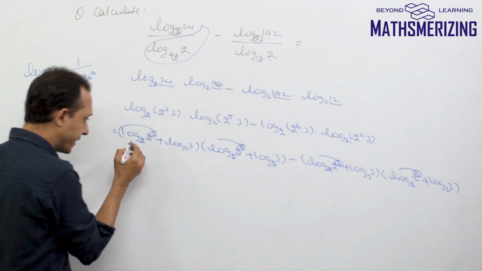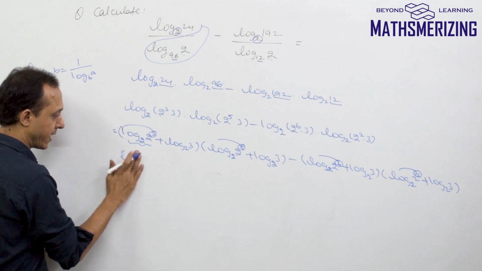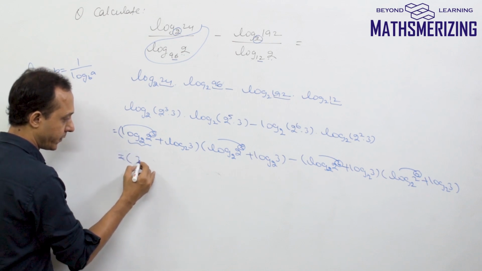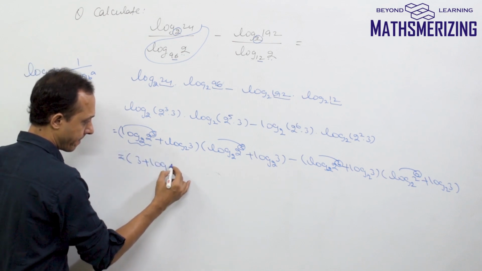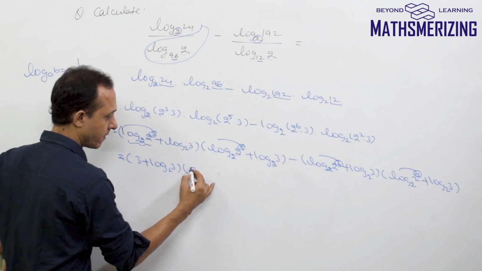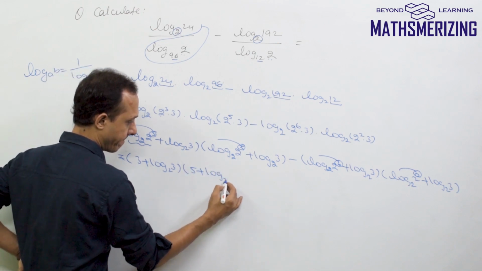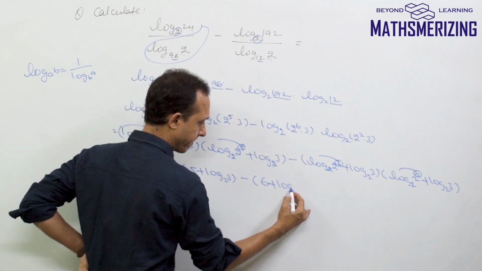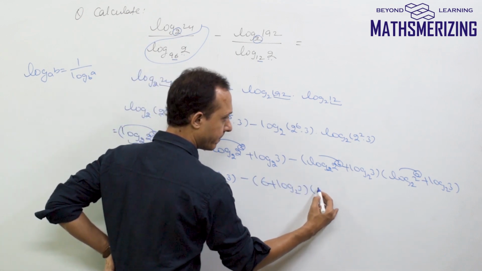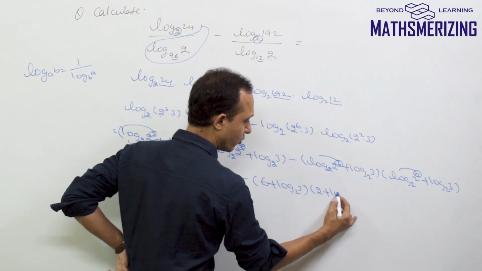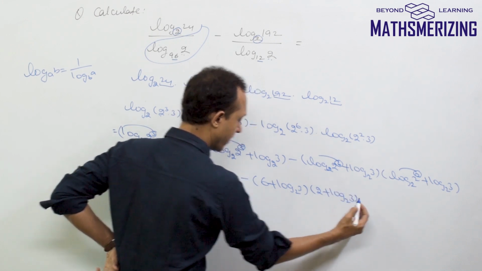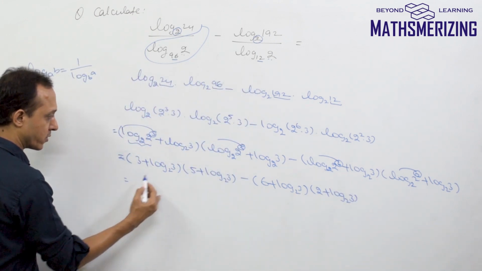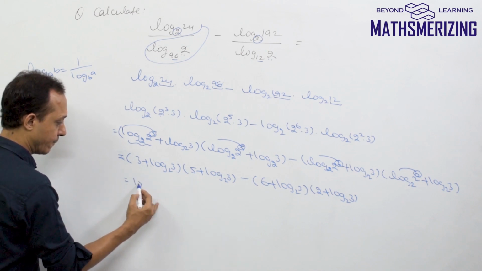Now here I can take these powers out, and for each of these, log 2 base 2 will be 1. So I can write it as 3 plus log 3, 5 plus log 3, 6 plus log 3, and 2 plus log 3. Now I'll start multiplying them. So I'll get 15.